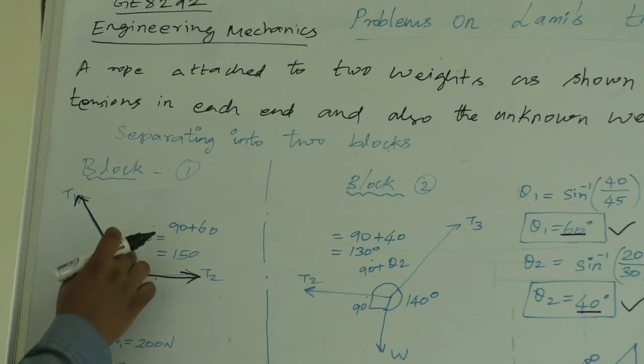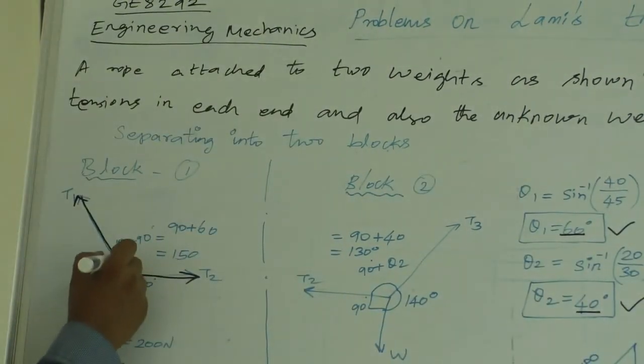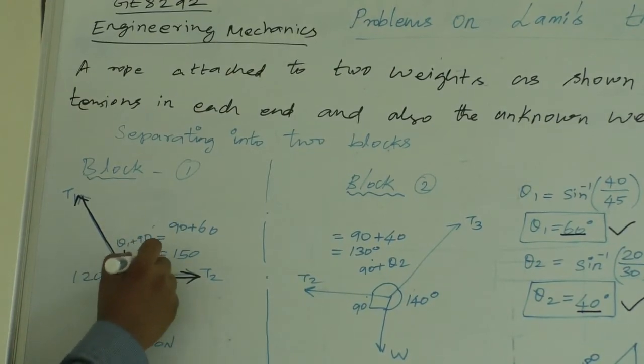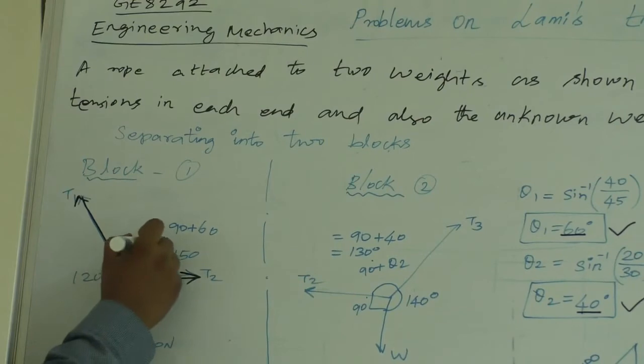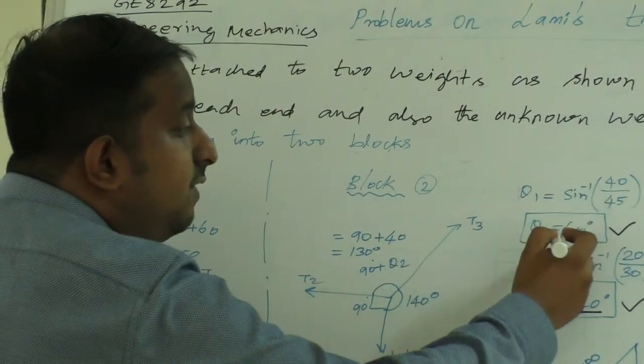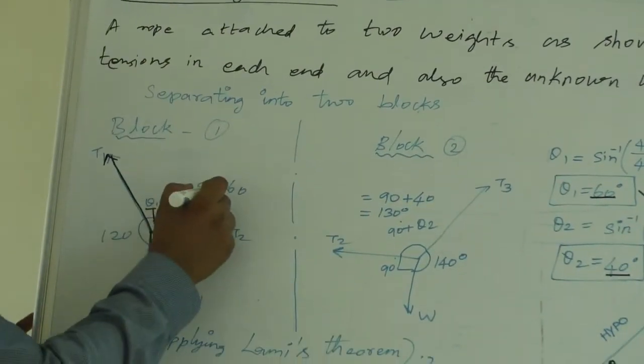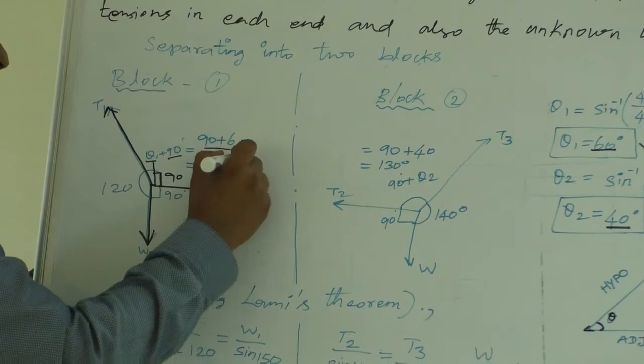What we have is theta 1. After theta 1, we have a constant value of 90 degrees, so we add 90 to that theta. From the sine inverse conversion, we got theta 1 equal to 60 degrees. So 90 plus 60 is equal to 150 degrees.